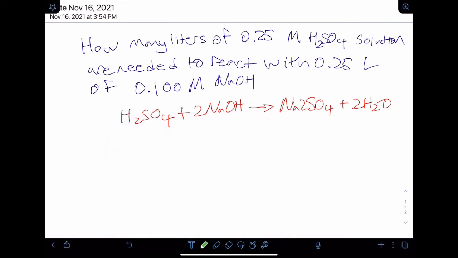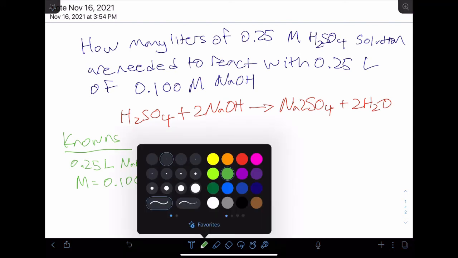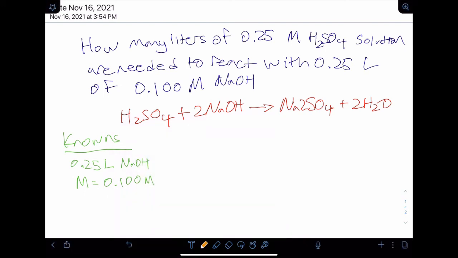We're going to start by writing the knowns down, and we know that there are 0.25 liters of NaOH, which has a molarity of 0.1. So we can use these knowns to find the moles of NaOH by using the formula, molarity equals moles over volume.